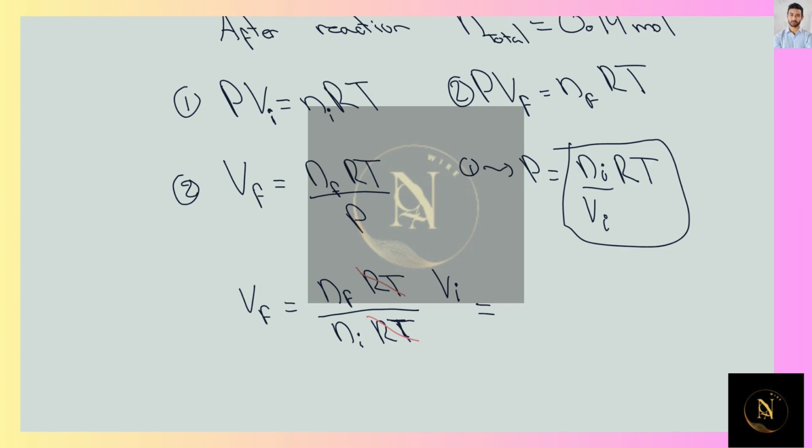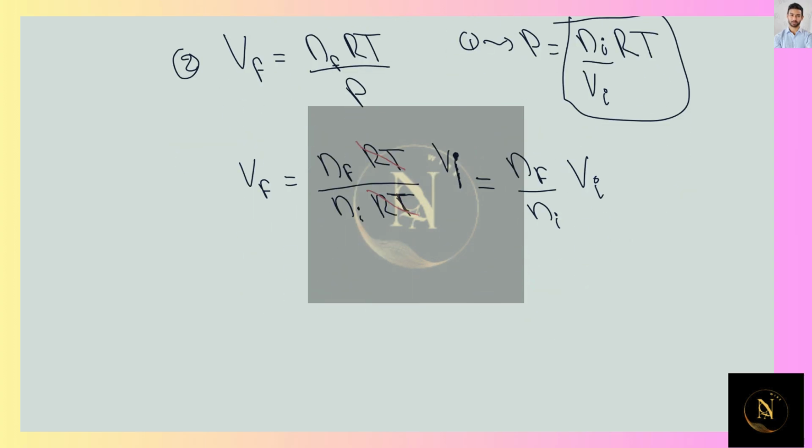So this becomes n final divided by n initial, times my initial volume. Thus, my final volume is going to be equal, n final we said was 0.14, n initial was 0.28.